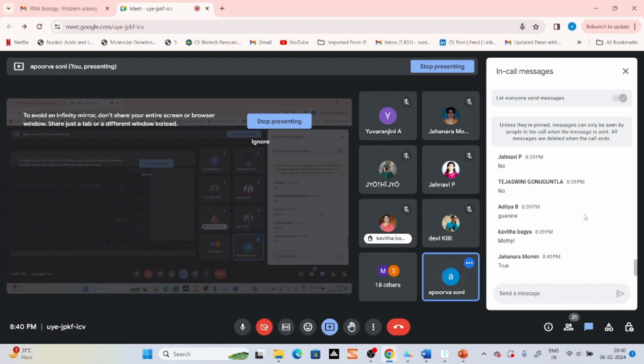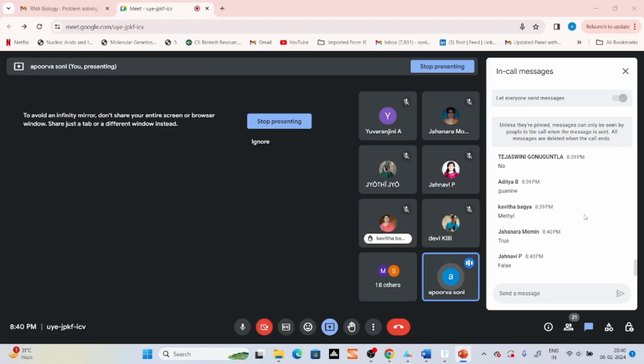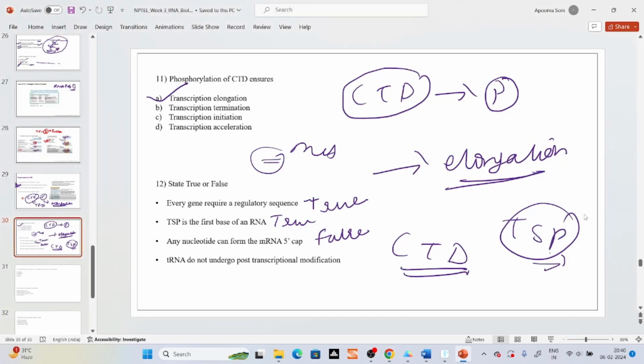Any answer? Okay, so Janvi is saying false. It is correct. Why? Because tRNA also undergoes some kinds of post-transcriptional modifications, which we might not have covered as of now. It's not just mRNA that undergoes post-transcriptional modifications, tRNA also undergoes. So this is a false statement.